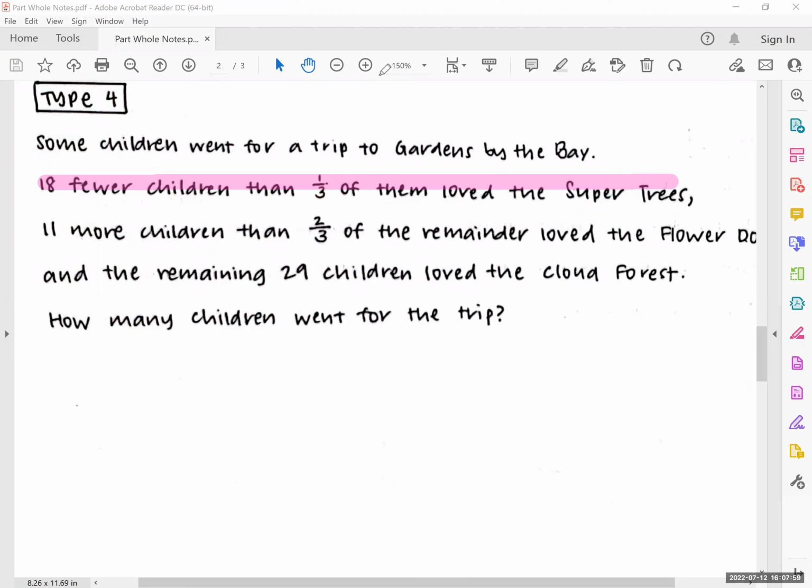But right now it is fewer. So we have 18 fewer children than 1/3 of them love the super trees. Okay, so some children went for a trip. So what does this mean? It means that when I draw my model into 3 parts, is it 3 parts?